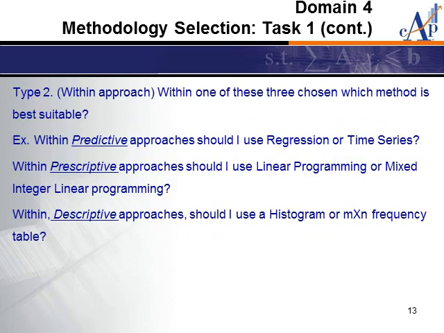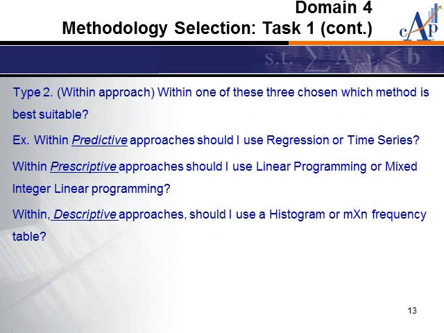Now you need to have a working as well as nuanced understanding of regression and time series. Let's say I have a client that has no historical data, they're a new company. Maybe time series may not be possible because they don't have historical data.